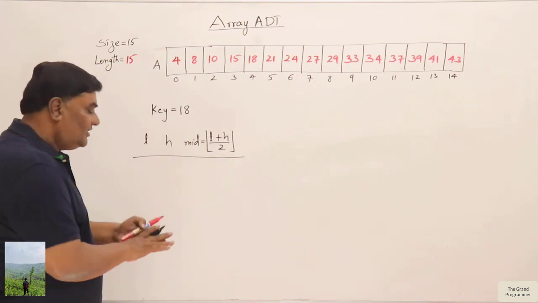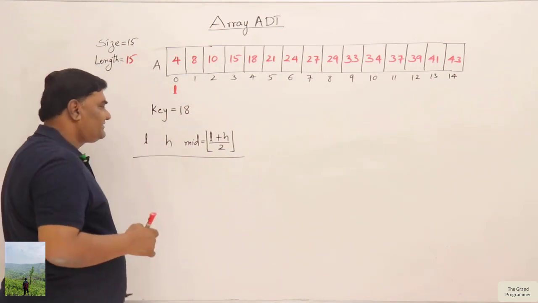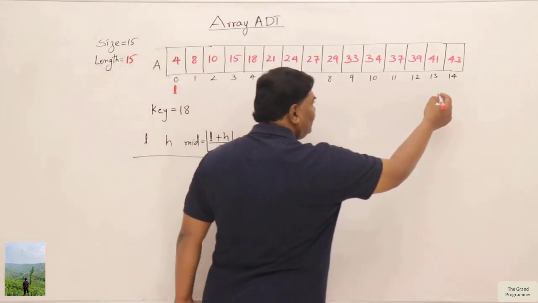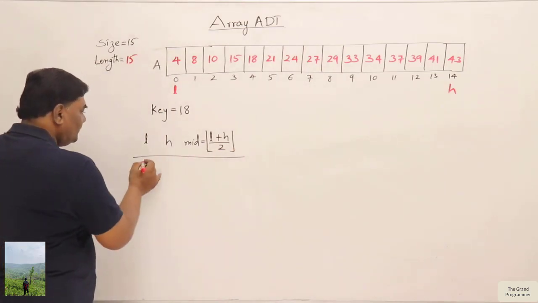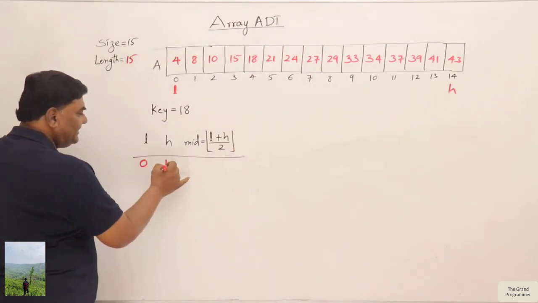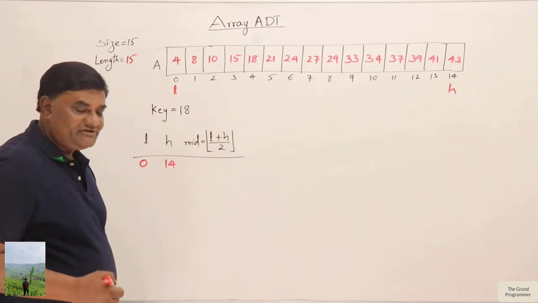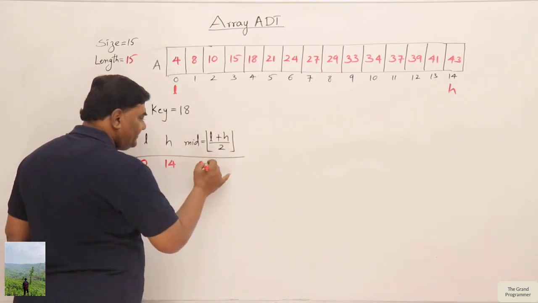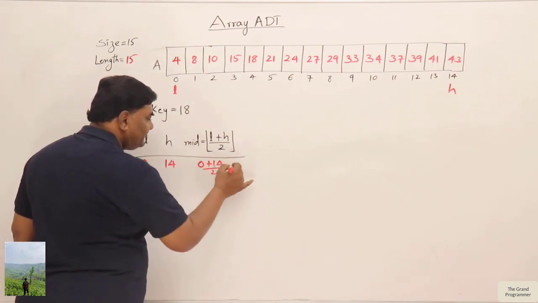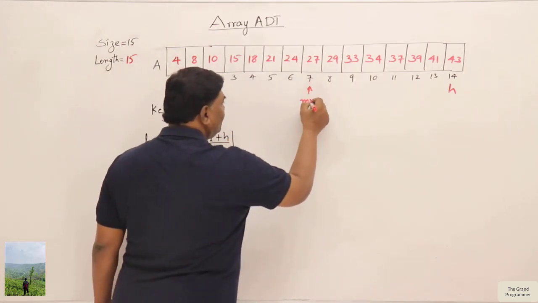Low should initially point to index 0, the beginning of the list, and high should point to the end of the list. As per our example, low is 0, high is 14. This is initial. Now let us perform the repeating procedure. Find out mid. (0 + 14) / 2 is 7. Mid is 7.